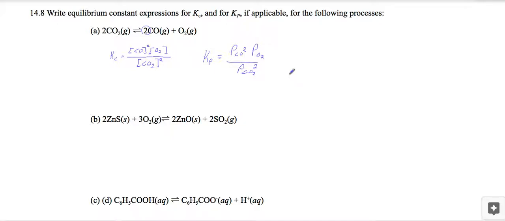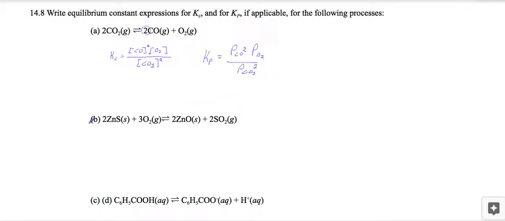So that's how we write these things. It's important to note that we only put gases and aqueous into these equilibrium expressions, and we put the products over reactants and raise them to the powers of their coefficients.